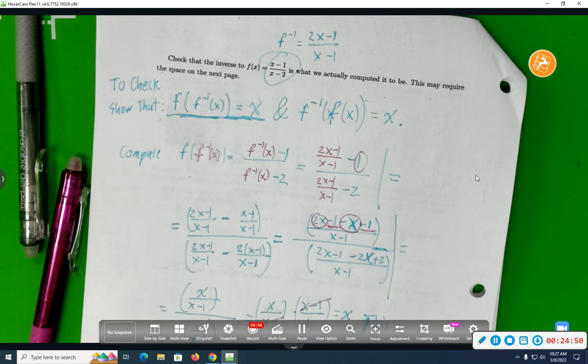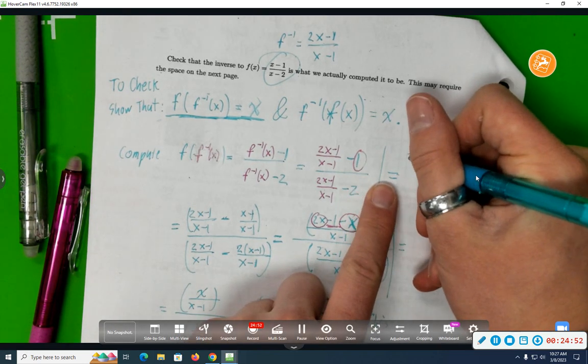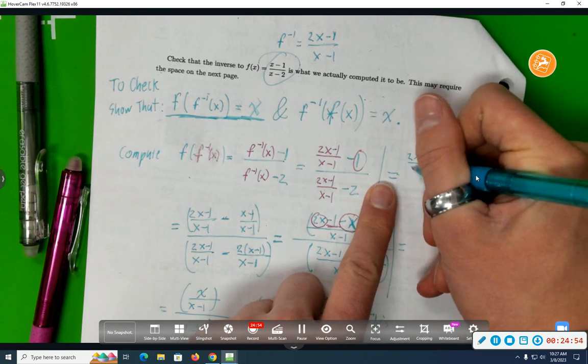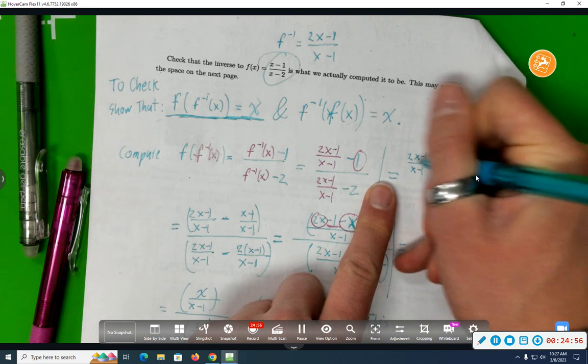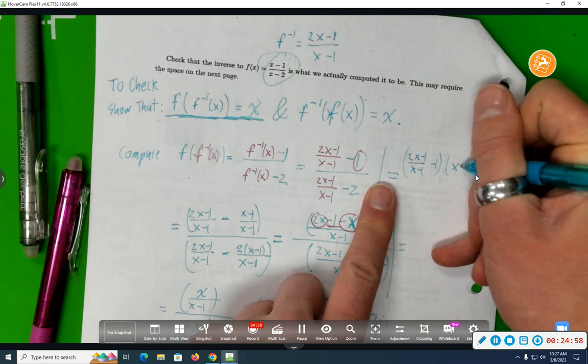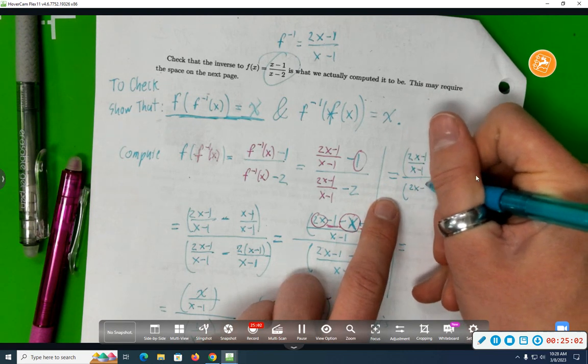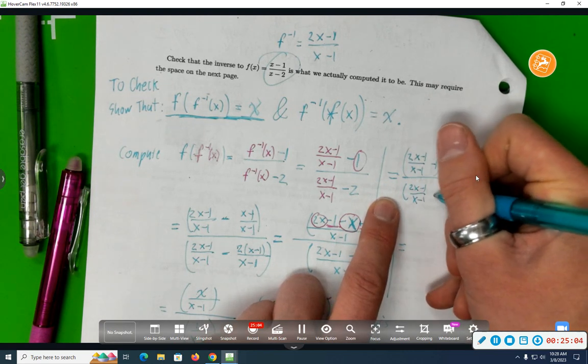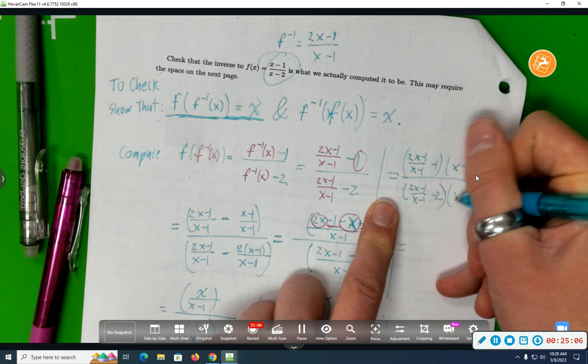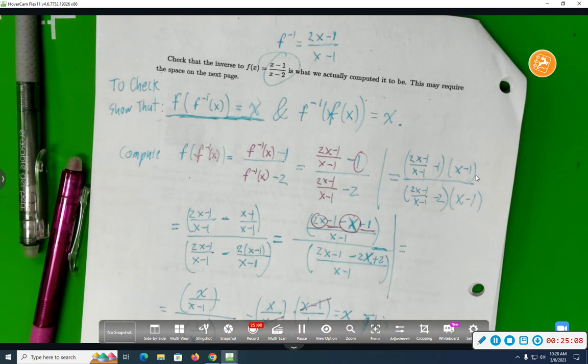So I'll write it down. You could rewrite this as 2x minus 1 over x minus 1 minus 1 times x minus 1 all over 2x minus 1 over x minus 1 minus 2 times x minus 1. Now you can always multiply and divide by a single number without changing the fraction.